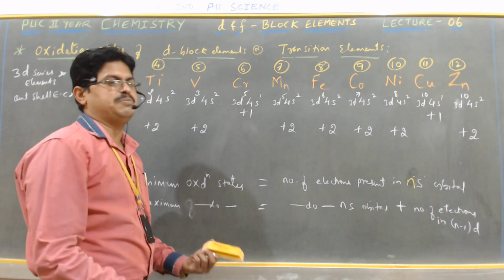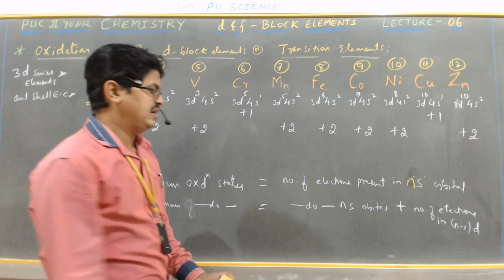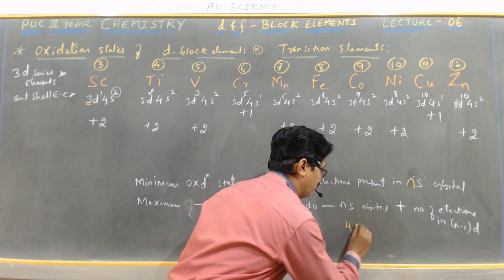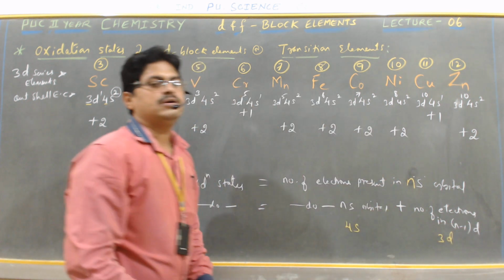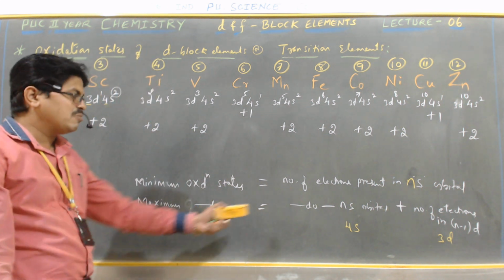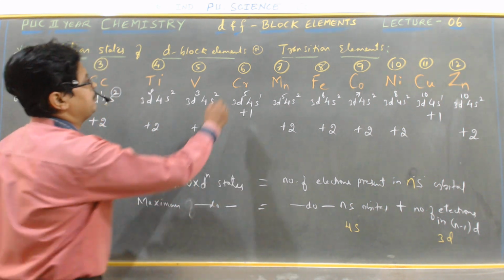Otherwise, let me take an example. With respect to 3d series elements, ns becomes 4s and (n-1)d means 3d. So see, this formula is applicable only up to manganese.